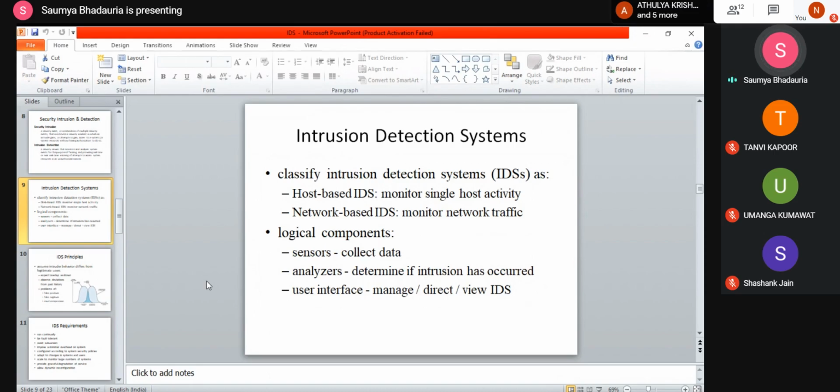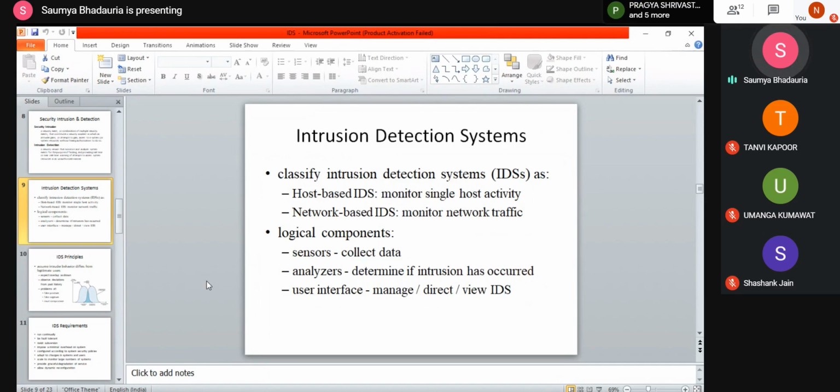The user interface for a particular IDS helps the user to view the output from the entire system or control the behavior of the system. There can be one sensor or multiple sensors.